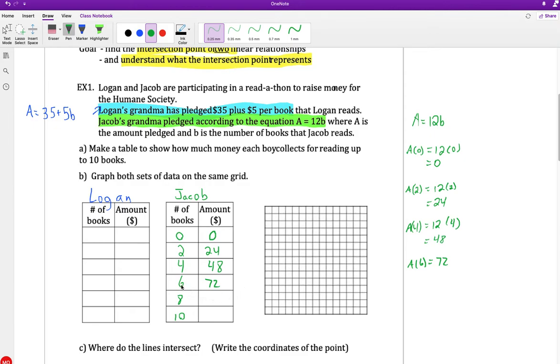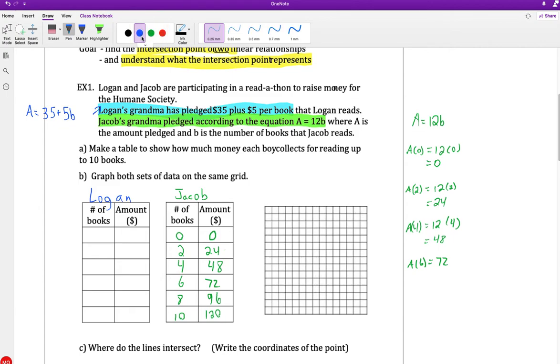Plus 24 is going to be 96. And lastly, this one's going to be 120. Good, so that's Jacob. We've got all his information down.